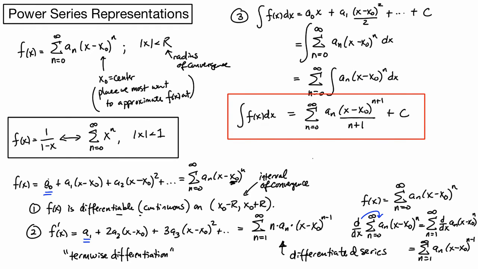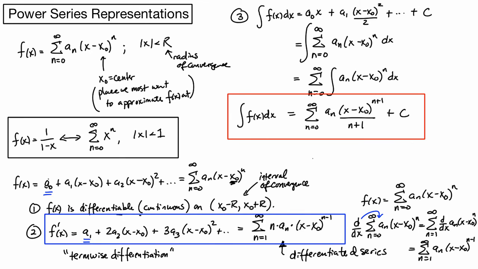And just for completeness' sake, the derivative of the power series representation is given to us by this formula. Both of these are well worth remembering, and perhaps the most important thing to say here is that the radius of convergence and interval of convergence stay the same, or they're at least as big.